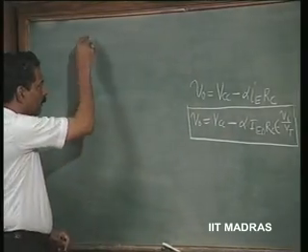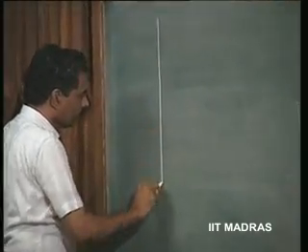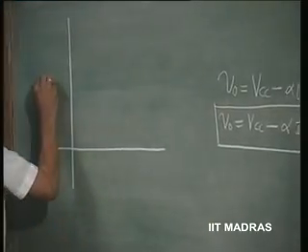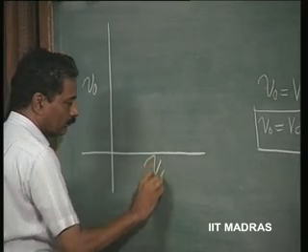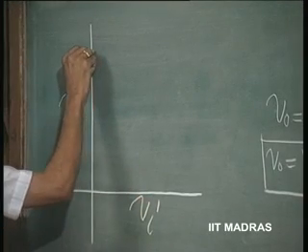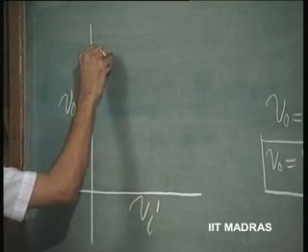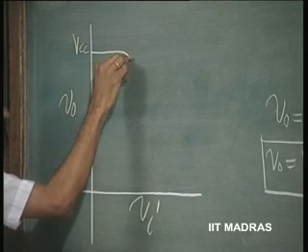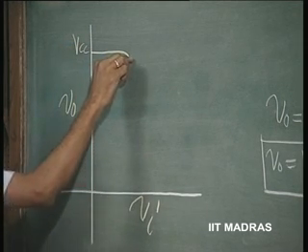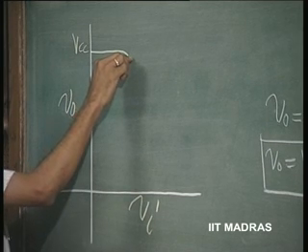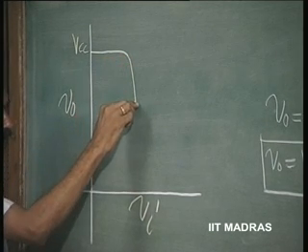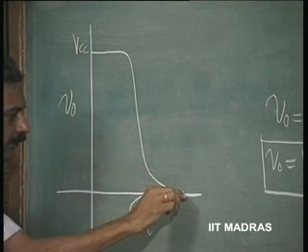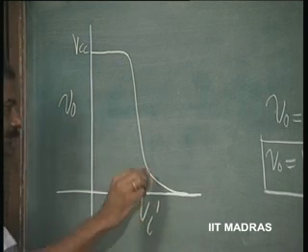And we said a plot of this, if you plot, initially there will be almost V C C, and thereafter at about V I equal to 0.5 to 0.7, this effect of current increase rapidly will occur, and then it will go to saturation.